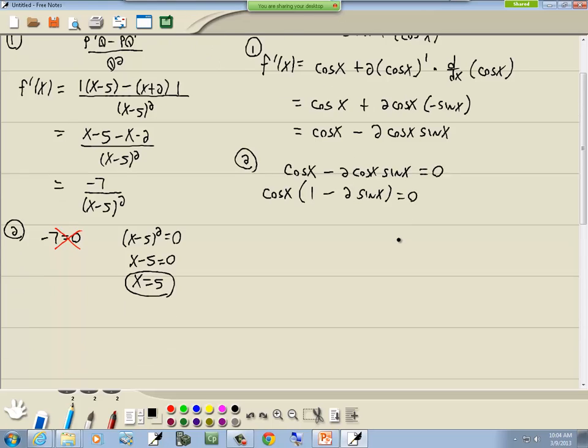Well, zero factor property from college algebra: you get 0 on one side, you factor the other side, you set each factor equal to 0. So I'll set cosine x equal to 0, and I'll set 1 minus 2 sine x equal to 0. Now here I'll take the negative 2 sine x over, so I got 1 equals positive 2 sine x. We're trying to get sine by itself. And then we'll divide both sides by 2. And we get sine is equal to 1/2.